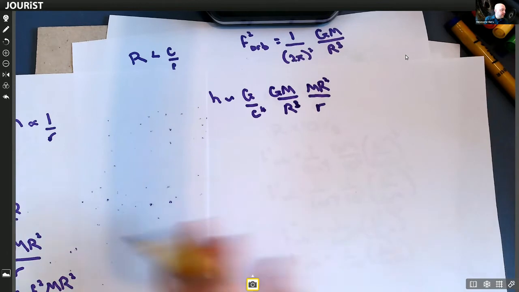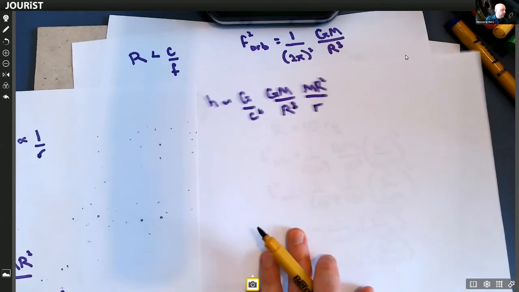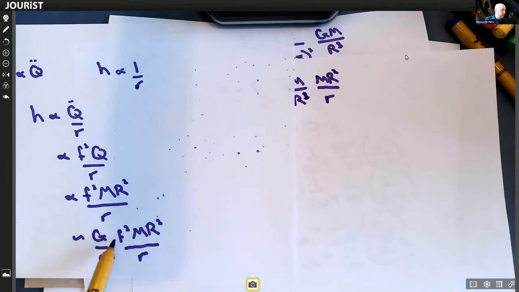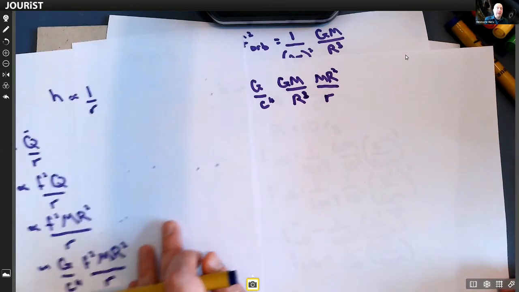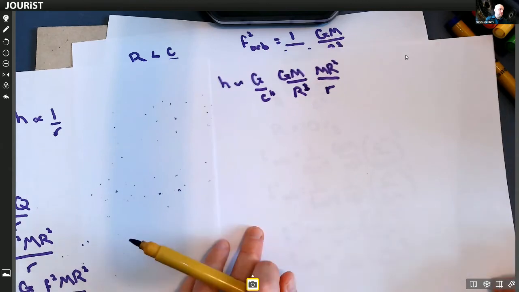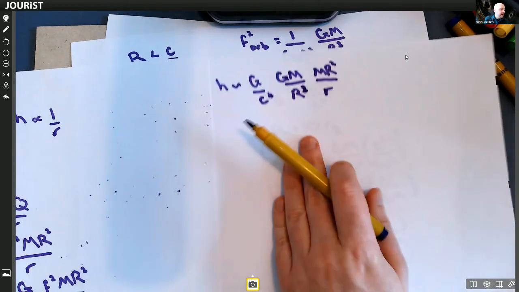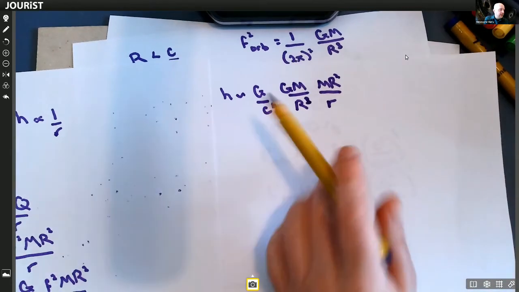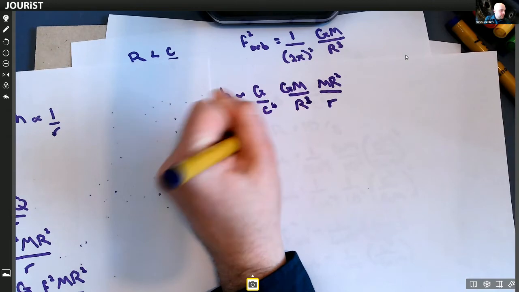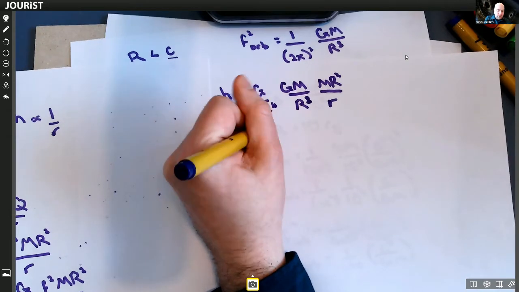Okay, now this is important because we've previously said that generally as r gets bigger, f gets smaller. We know there's an inverse proportionality between these, so we don't know which wins, whether it's better to have a bigger source that varies over longer timescales or a smaller source that varies over shorter timescales. And we see after substituting in here, we have an r cubed on the bottom and an r squared over the top. So for a binary source, we're going to have something where smaller r wins.